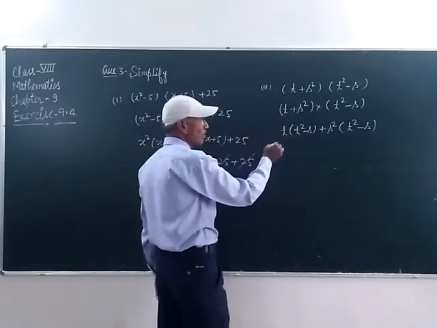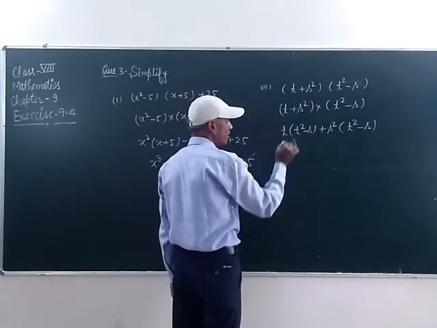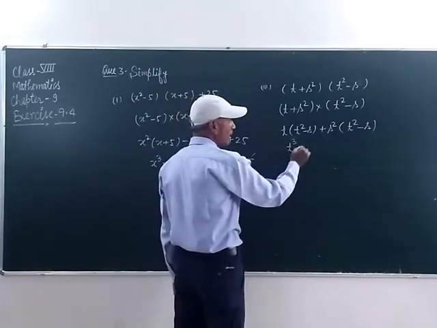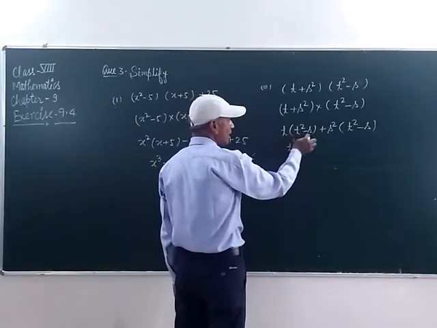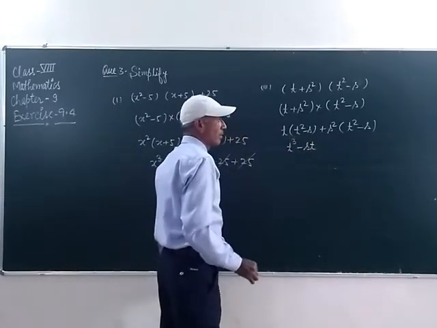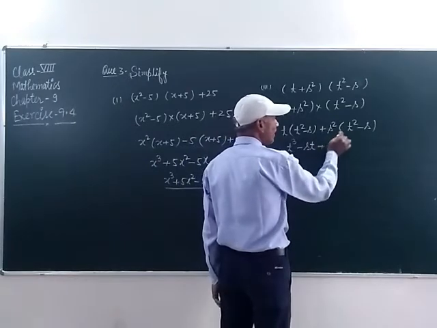In the next step, student, t into t², t to the power 3. This one will be t³ minus t into s, it will be st, plus s²t².